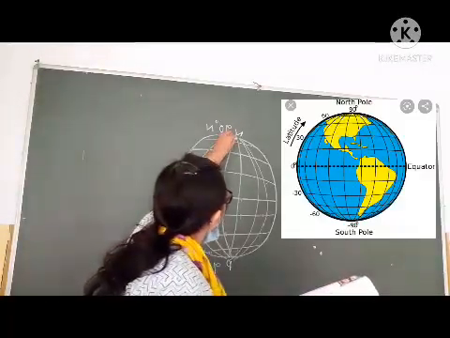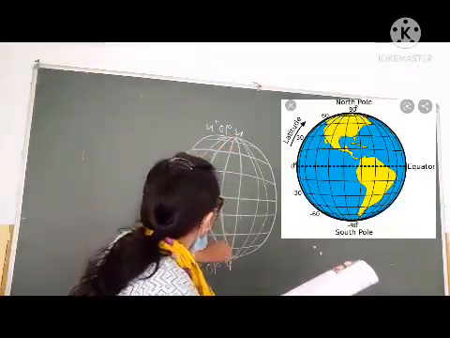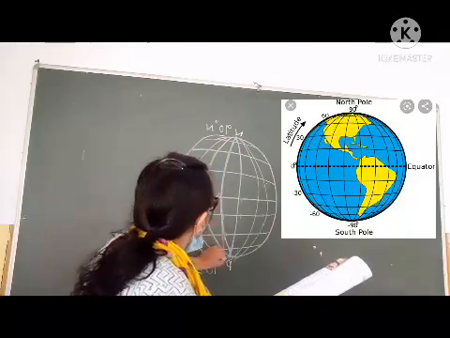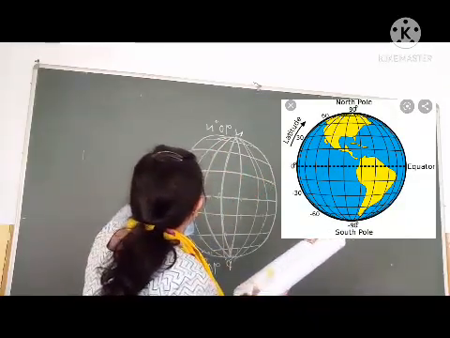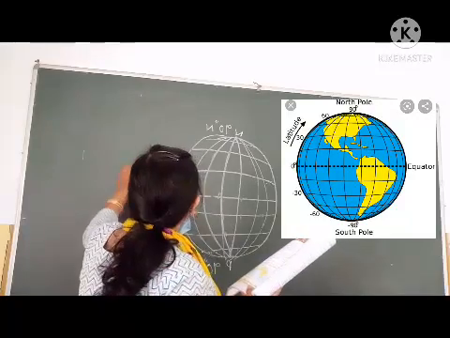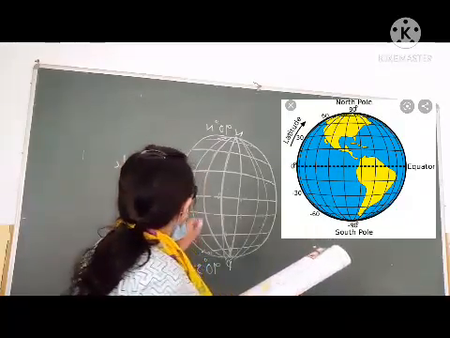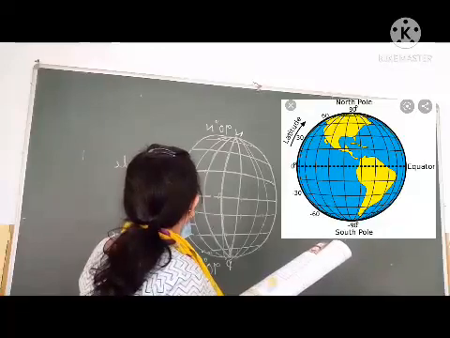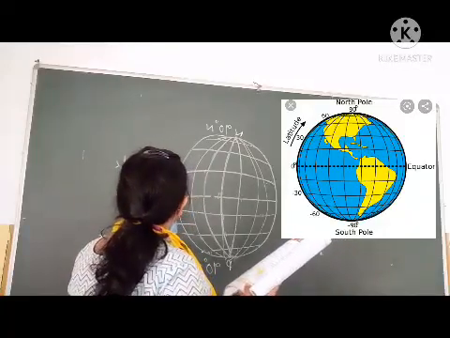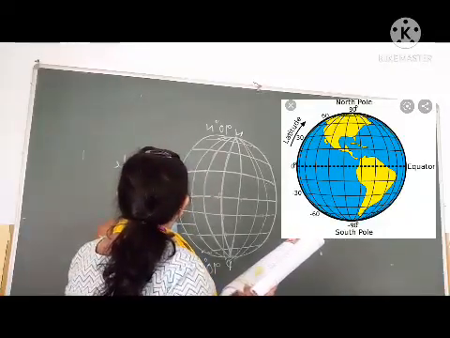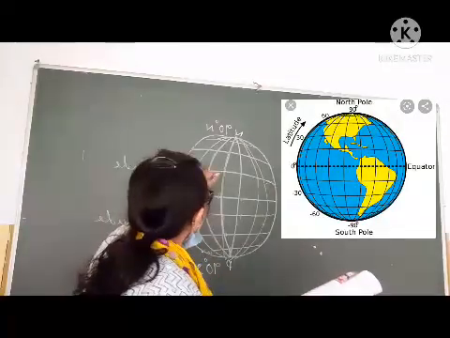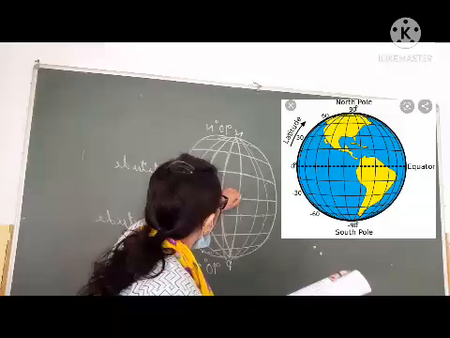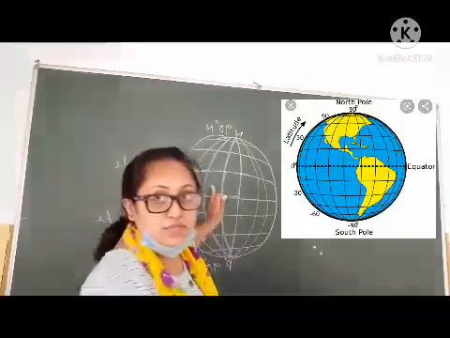This is the line of longitude, and these are called the lines of latitude. Now, as they form these boxes, we have seen these boxes.